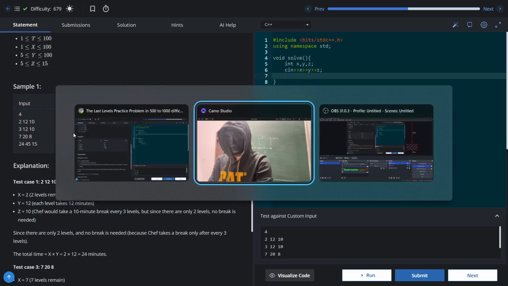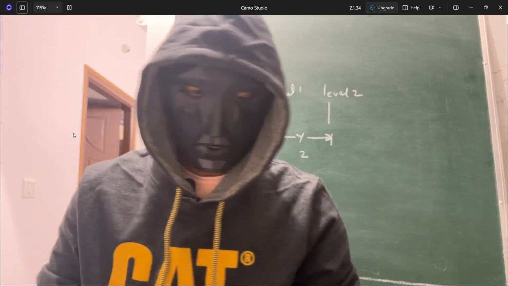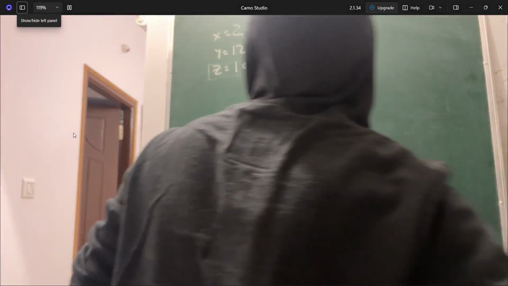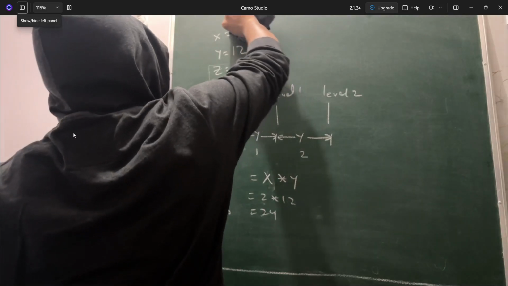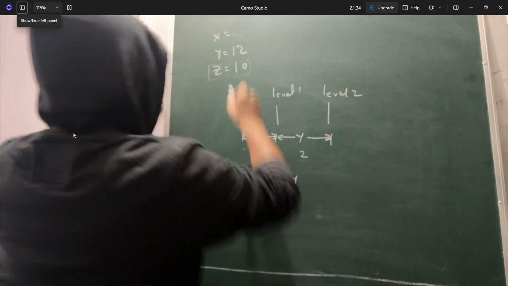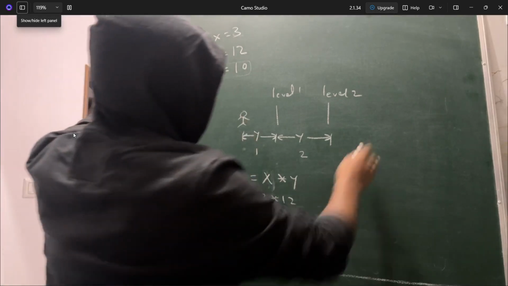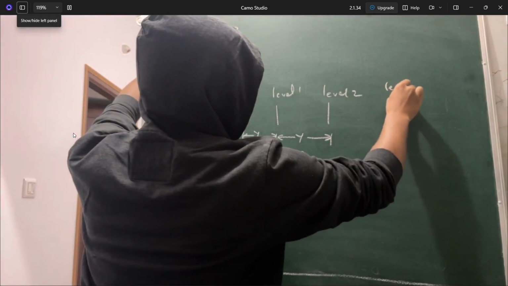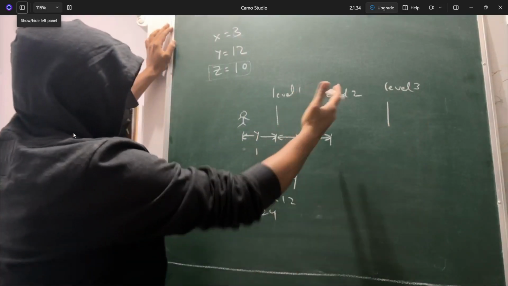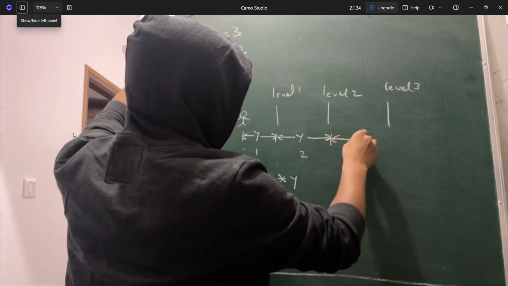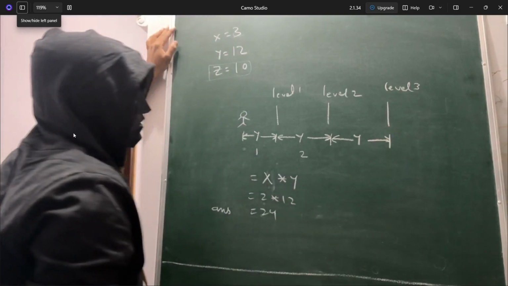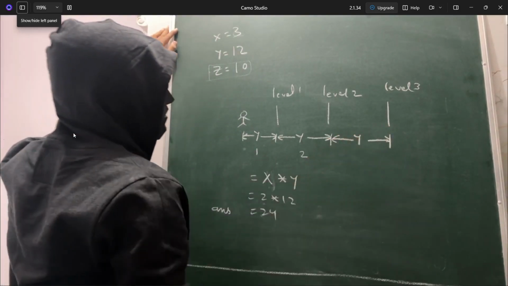Let's take one more example, 3, 12, 10. Now it is interesting. Chef has 3 levels to complete, and he will require Y minutes of time for each.